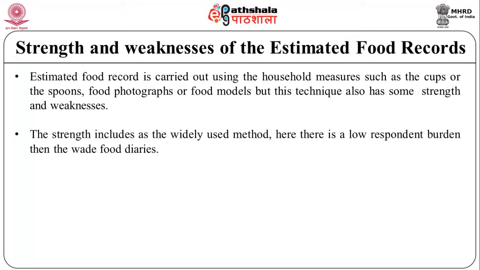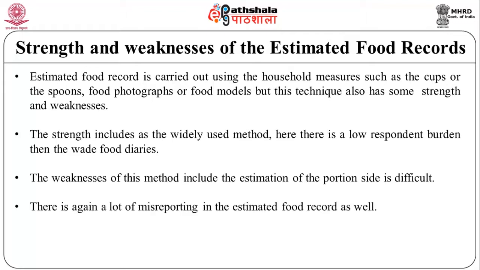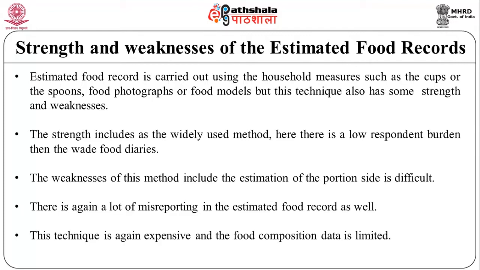Here there is a low respondent burden compared to the weighed food diaries. The weaknesses of this method include that the estimation of the portion size is difficult. There is again a lot of misreporting in the estimated food record as well. This technique is again expensive and the food composition data is limited.